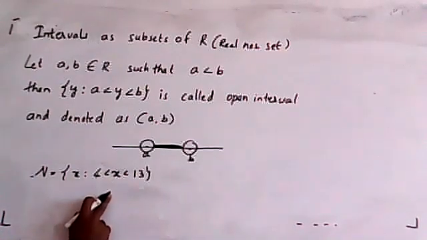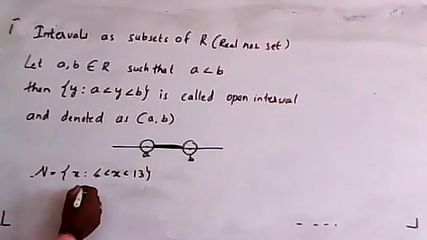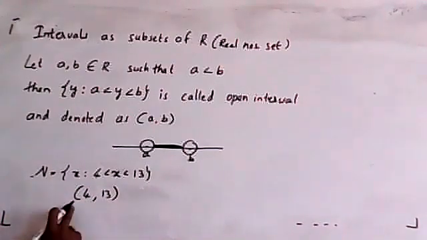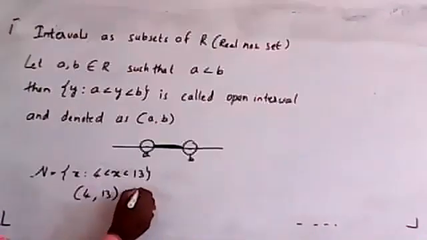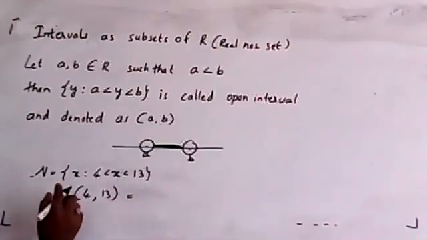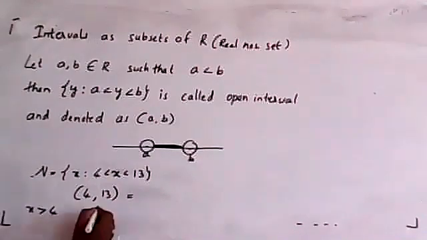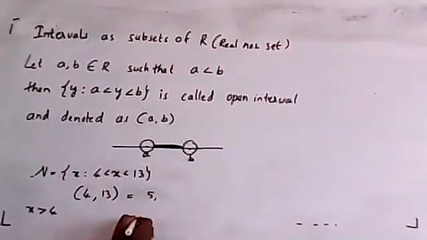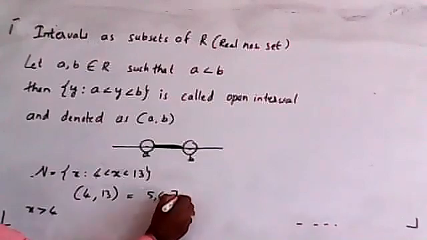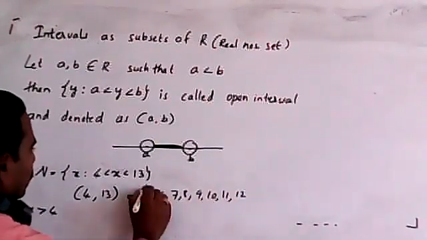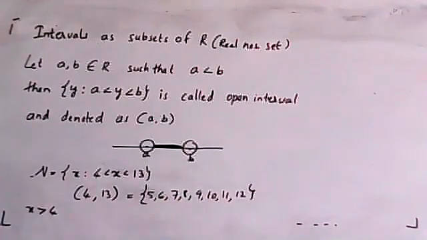This we can write in this sense: 4 is not included and even 13 is not included. But really what are included now? 4 is less than x means x is greater than 4. Both mean the same. So we will write 5, 6, 7, 8, 9, 10, 11, 12.